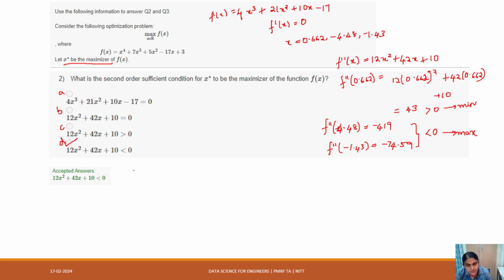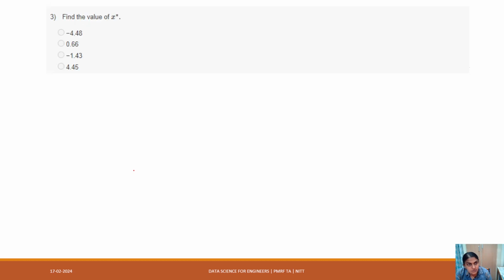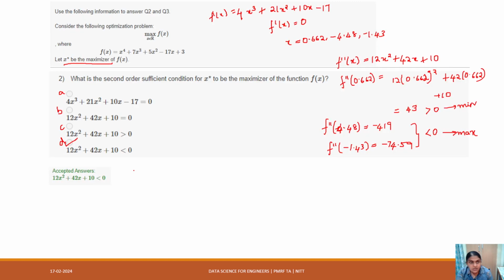That is okay. Now in the next question you have to find the value of x star. Meaning x star is the maximizer of f of x, so you want to find out where the maximizer lies. So right now we have got two values, at minus 4.48 and minus 1.43 you are getting the maximum values.